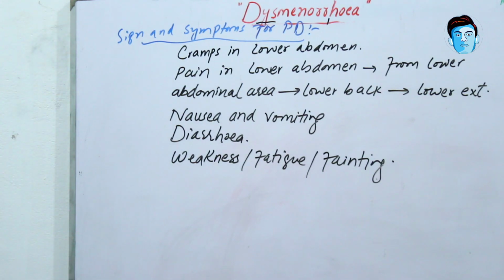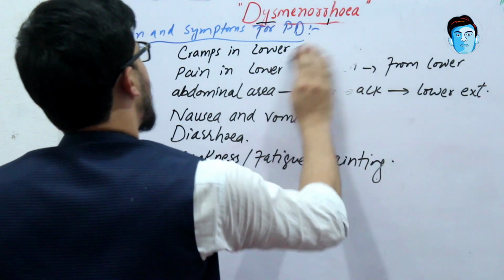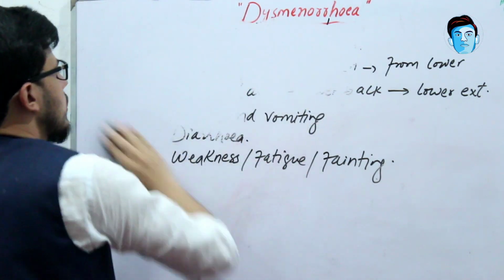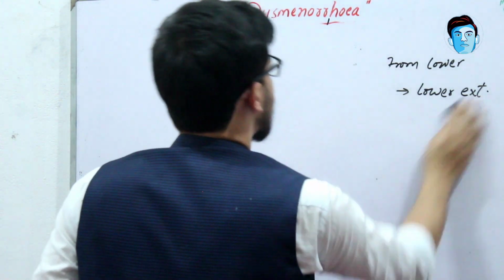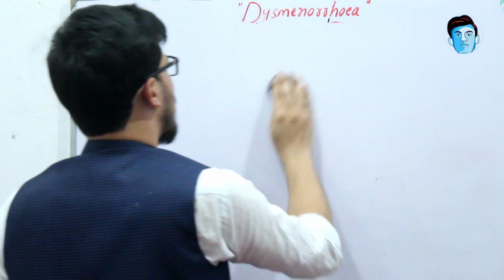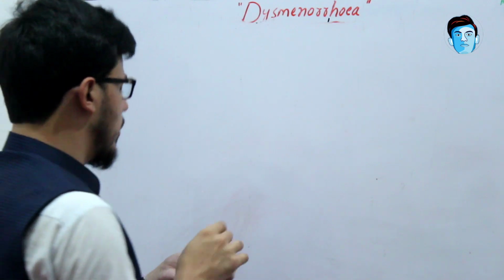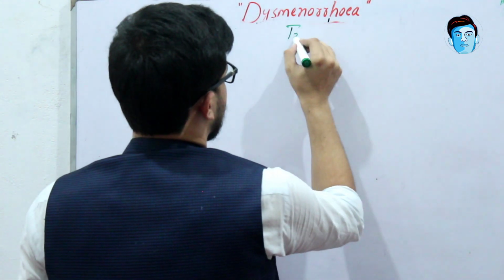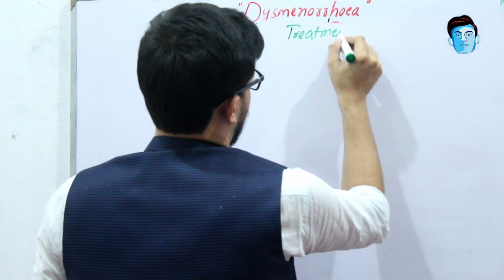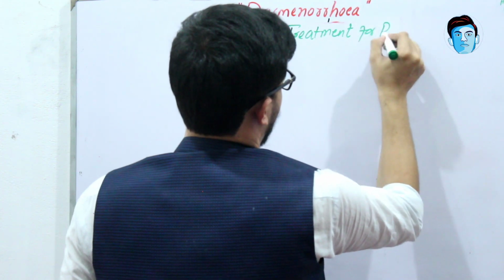Now, how would you treat a patient with primary dysmenorrhea? Usually these signs and symptoms resolve within 2 to 3 days. What are the treatment options for primary dysmenorrhea?